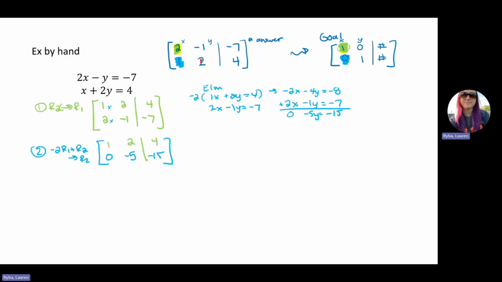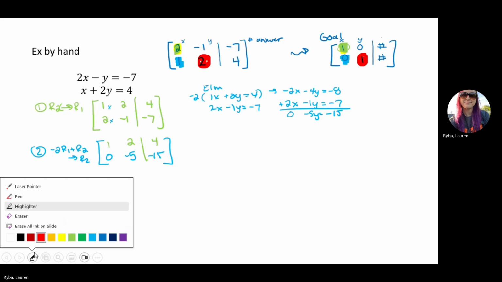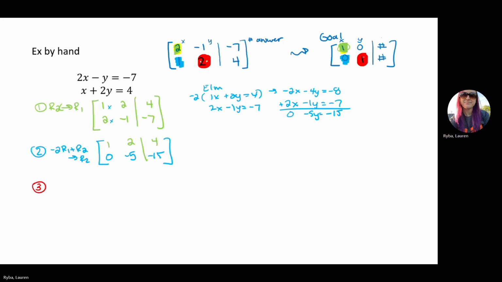New color. Next is to get the next one. So step 3 is this one here to get your 1. Now, it's easier to get 1s. To get 1s, you're either going to swap rows or divide or multiply.